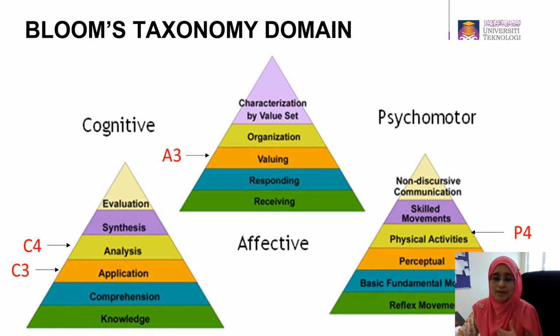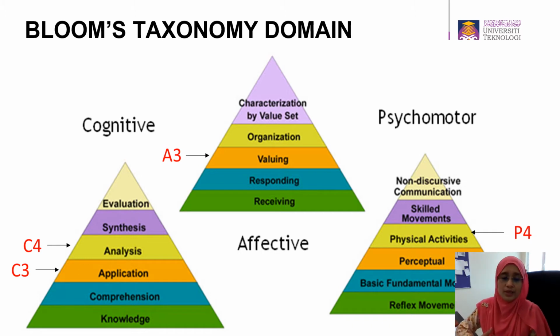Then you will apply your understanding and your knowledge through quizzes, for example, through tests, and through the exam. So that is application. You are going to apply your knowledge by answering tests, quizzes, and exams.